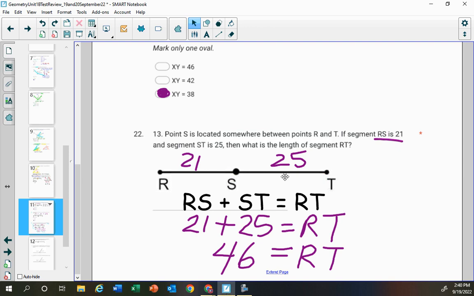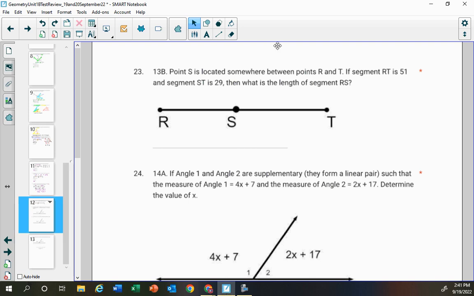Write out the two smaller pieces equal a big piece. That's what I would always do. All right, we're almost done. But here's where you do need to write it out.